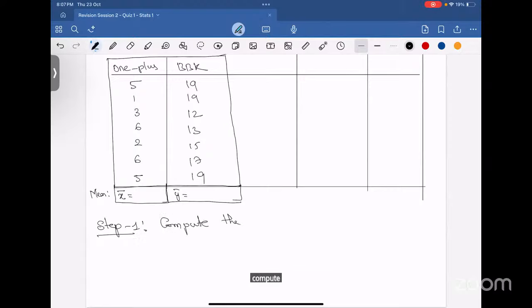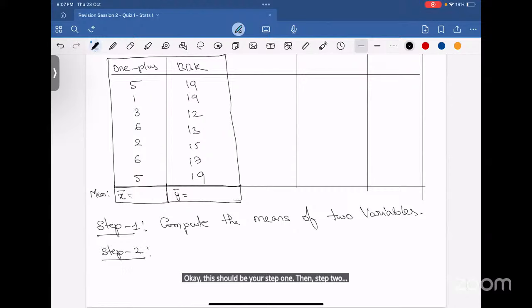Compute the means of 2 variables. Okay, this should be your step 1. Then step 2 is basically compute these values.